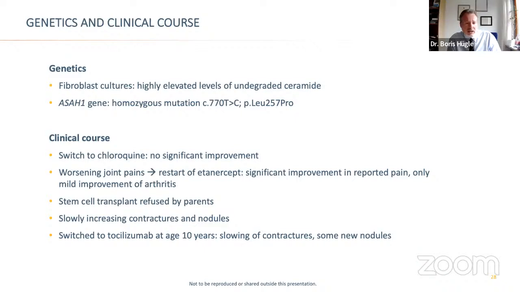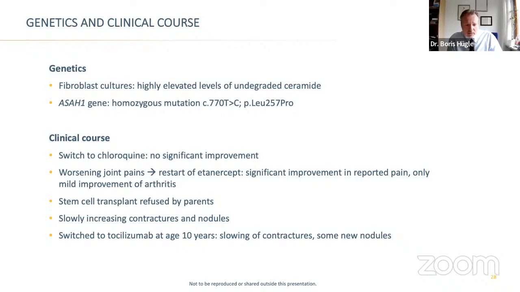We did try chloroquine, but before we made the diagnosis of Farber's disease, we tried the etanercept again, which did help a little bit with the pain, but not much. The parents didn't really want to do the stem cell transplant. So basically we cared for him, did intensive physiotherapy for quite some time.